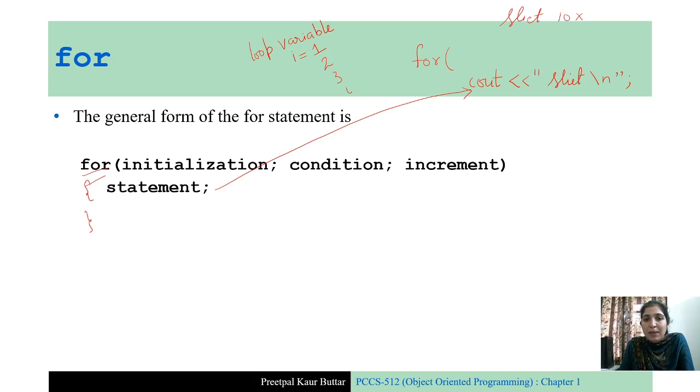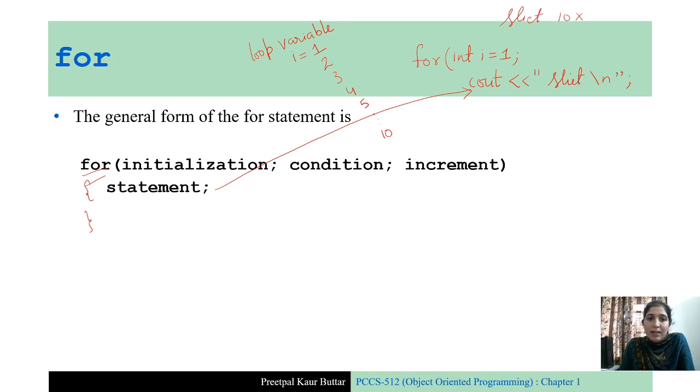Its value is incremented each time the loop is executed. Okay. So initialization means initialization of this loop variable. Okay. So this is an integer and I initialize it to value 1. So initially its value is 1.